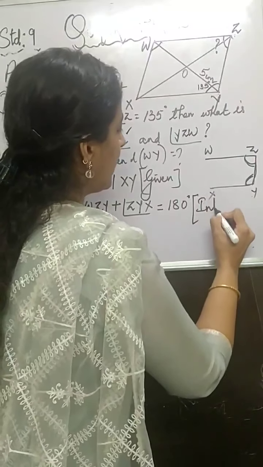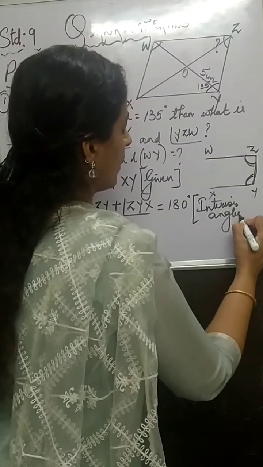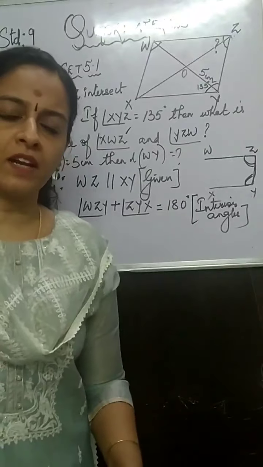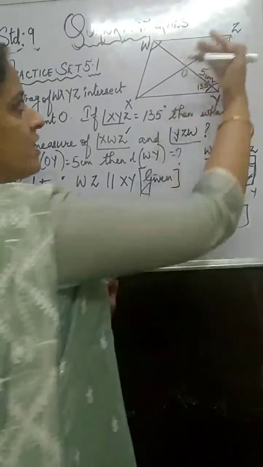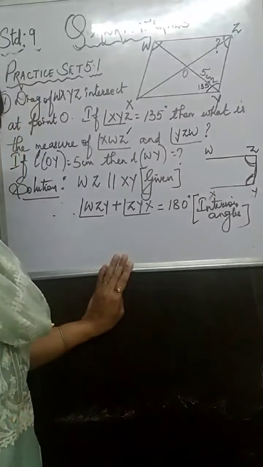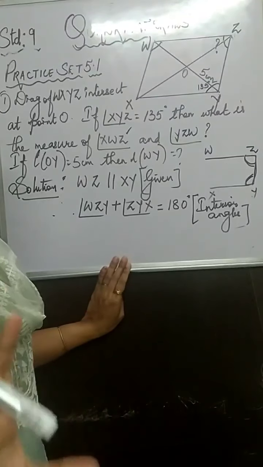Reason, interior angles. Or you can also write adjacent angles of a parallelogram are supplementary. Adjacent means neighboring angles. These two neighboring angles are supplementary. Here we have written the parallel sides and written interior angles. Any way you write is correct.